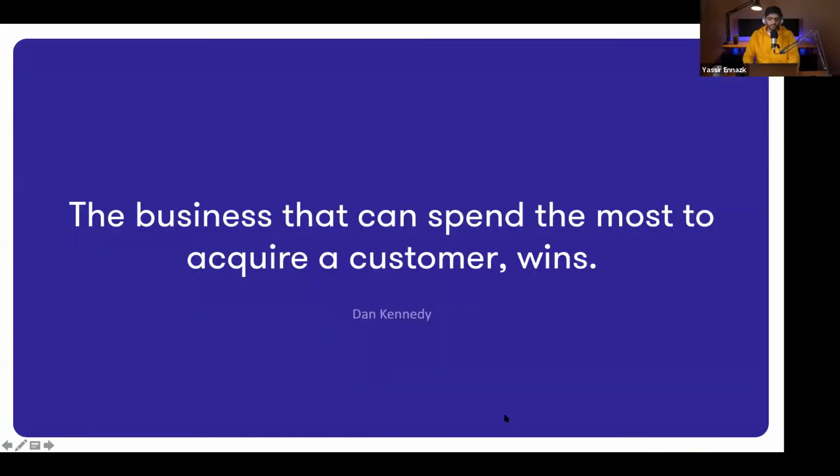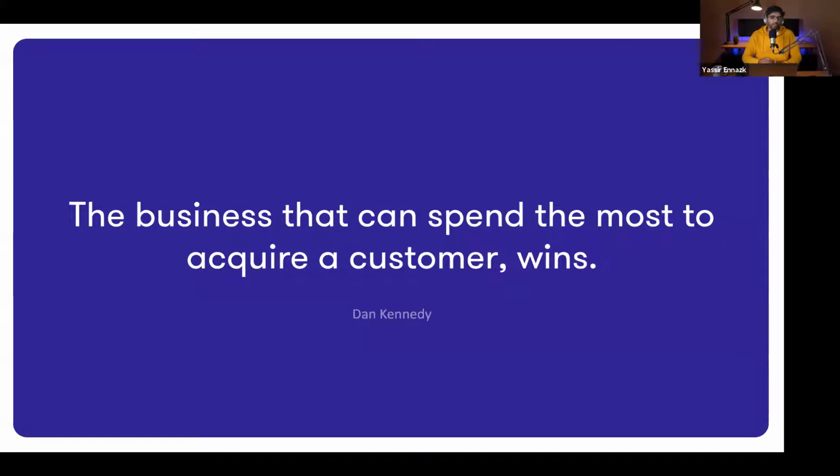So before we move to the metrics simulator, I want you to keep this quote in mind. The business that can spend the most to acquire a customer wins. It means that your cost per acquisition from your ads can be low or high, depending on how much average order value you make of each conversion.